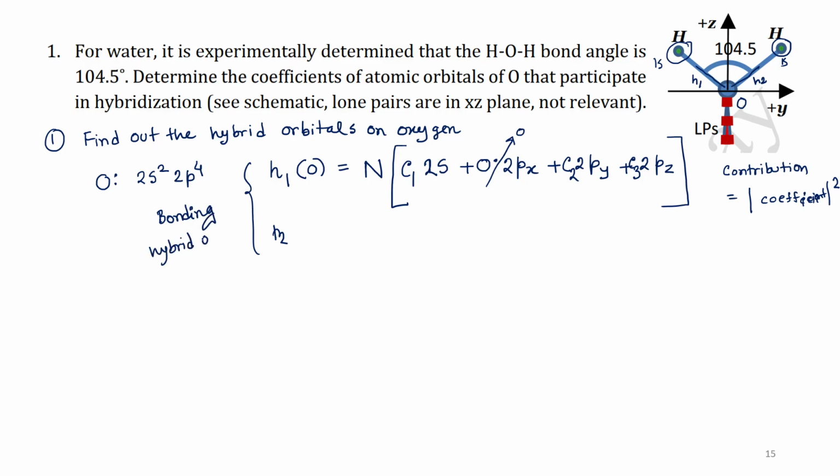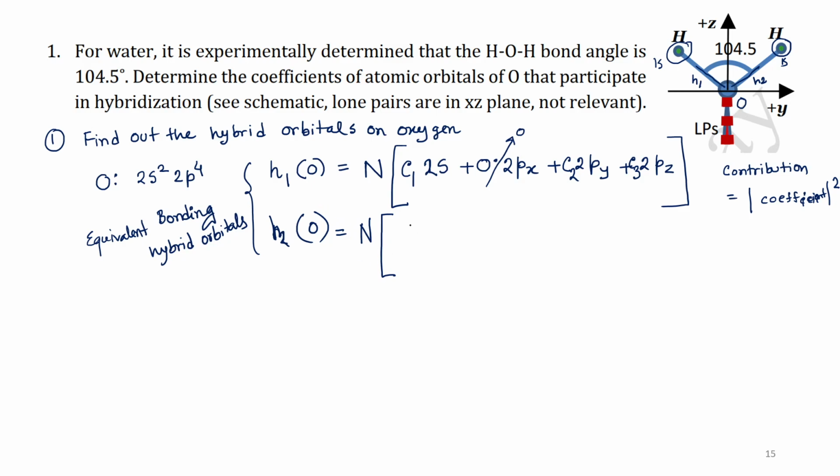This is the second hybrid orbital on oxygen, so it will have a similar normalization constant, because these bonding hybrid orbitals are equivalent to each other, but non-equivalent to the lone pair hybrid orbitals.